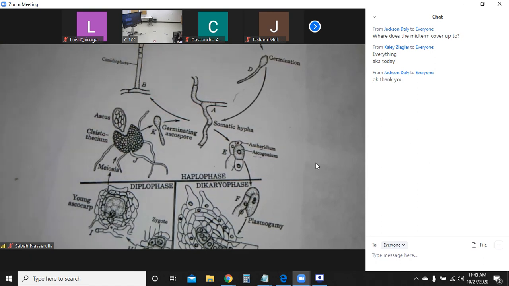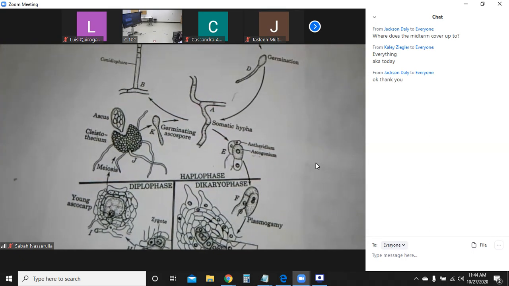Now, of course, in the ascomycete, once the two nuclei unite, meiosis will take place. Are you following me? Now, as you know, meiosis has two divisions, meiosis 1 and then meiosis 2. And when you have meiosis 1 and meiosis 2, normally how many cells do we get after meiosis 2?